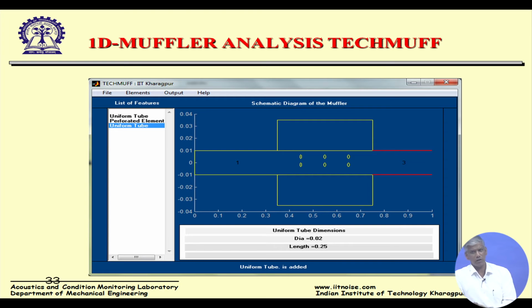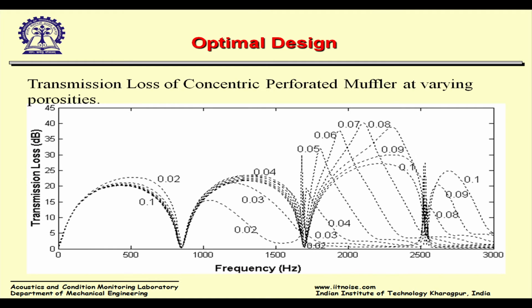This is not a three-dimensional model, and a three-dimensional model takes time to model and mesh and do that stuff, but this quickly you can get some idea as to whether I can reduce the noise, particularly in the plane wave limits of the tube. We have played around with a concentric perforated muffler at varying porosities.